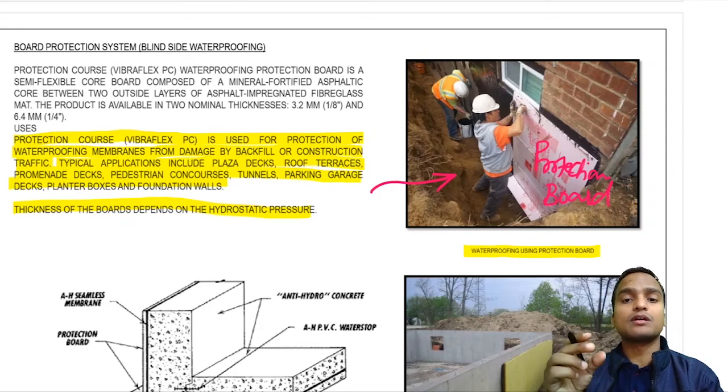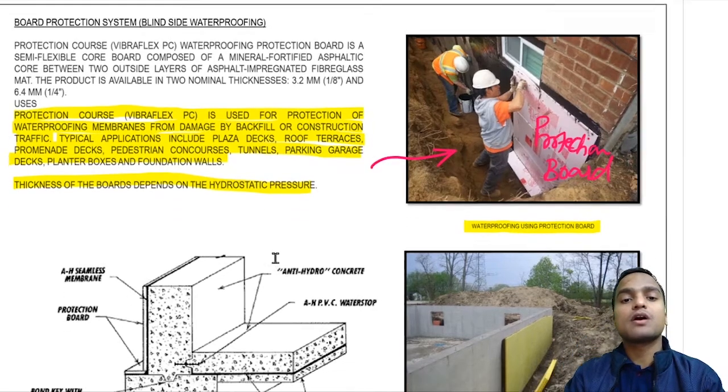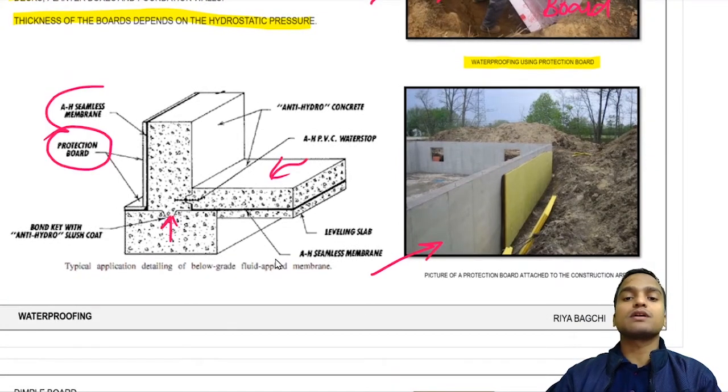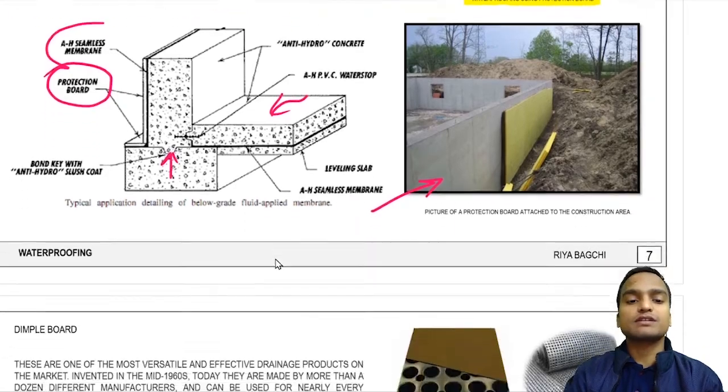So the thickness of the board depends on the magnitude of hydrostatic pressure being exerted on the boards. So these boards are stuck to the foundation walls or the exposed areas in the foundation. And in this figure also you can see protection boards being used in the construction areas.